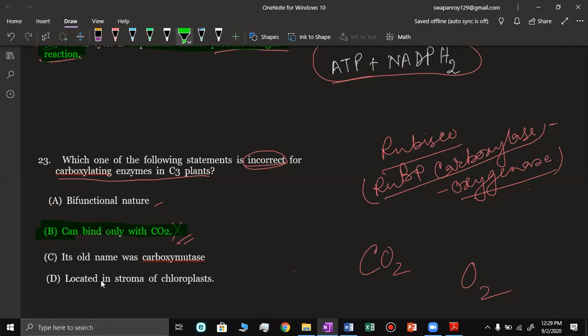Otherwise, its old name was carboxymutase. It is located in the stroma of the chloroplast. Naturally, RuBP carboxylase, or Rubisco, occurs in the stroma of the chloroplast, because the site of the Calvin cycle is the stroma of the chloroplast. So this is a correct statement, and the statement that it can bind only with carbon dioxide is wrong.